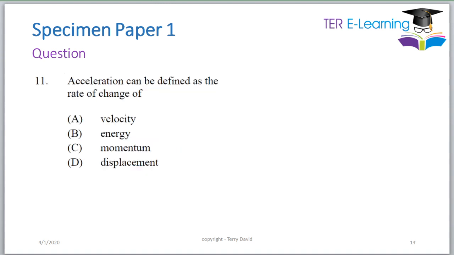Now, let's look at number 11. They are saying acceleration can be defined as a rate of change of something. So acceleration is defined as the rate of change of velocity, because a, acceleration, is equal to v minus u over t. v is final velocity. u is initial velocity.